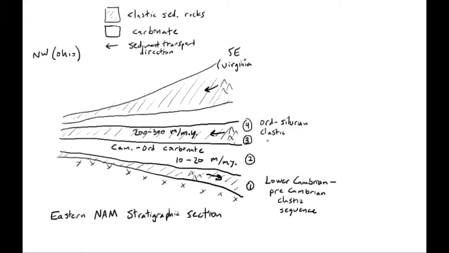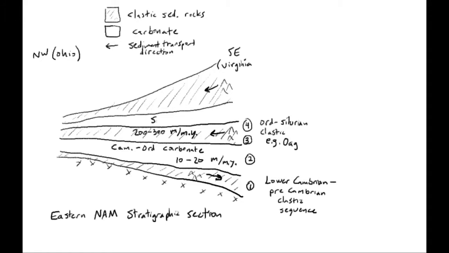One of the rock types that we see on the field trip, the Ordovician Austin Glen, is part of this sequence of clastic materials. This is sandy and muddy rocks.